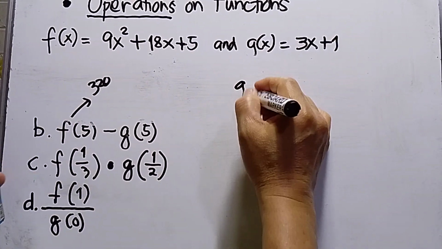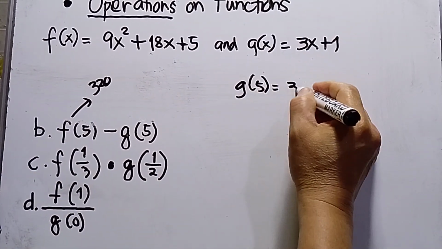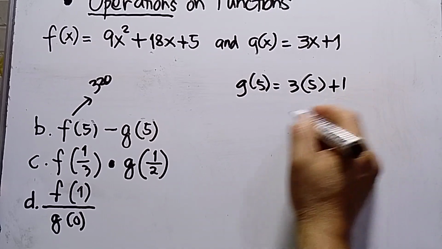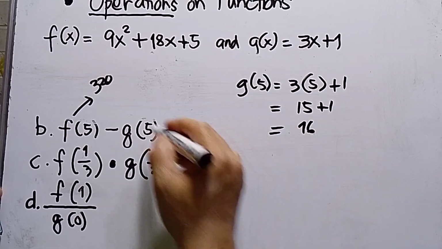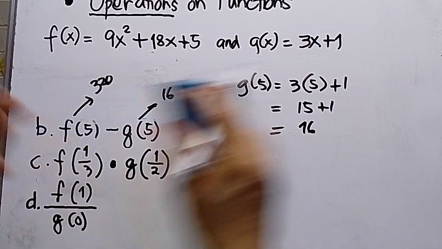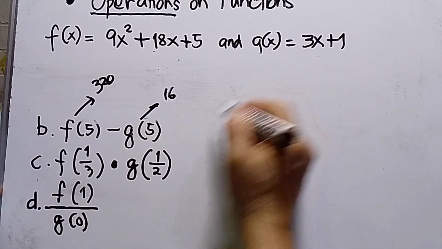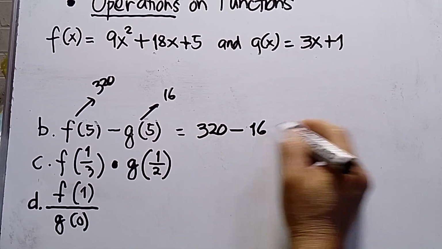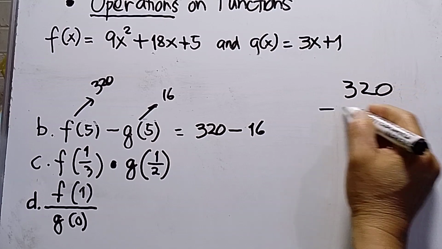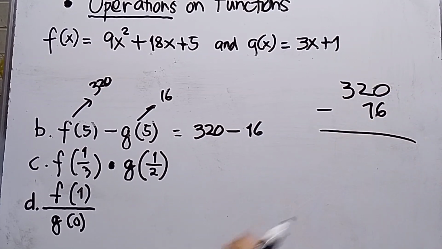Then how about g of 5? G of 5 is equal to 3 times 5 plus 1. So this will be 15 plus 1. G of 5 is 16. Since this is subtraction, this will be 320 take away 16.